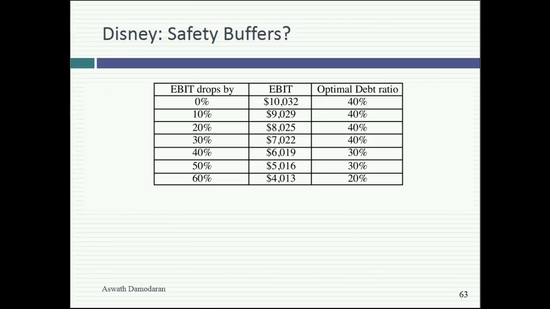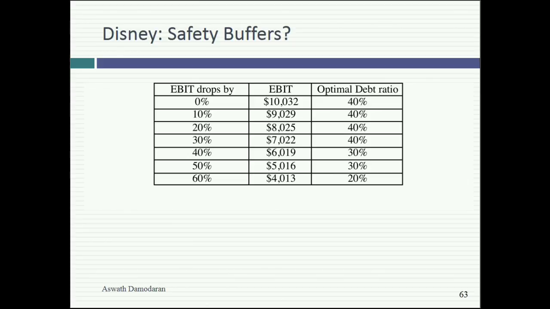My comfort to you would be, even if you have the worst year you've had in the last 25, you're still okay. You know what would have changed my conclusion? If I dropped the operating income by 10% or 20%, my optimal went very quickly from 40 to 30 to 20. And that might happen for some of your companies, and that's got to be a factor in whether you push your company towards your optimal: how much of a buffer you've built in this process.